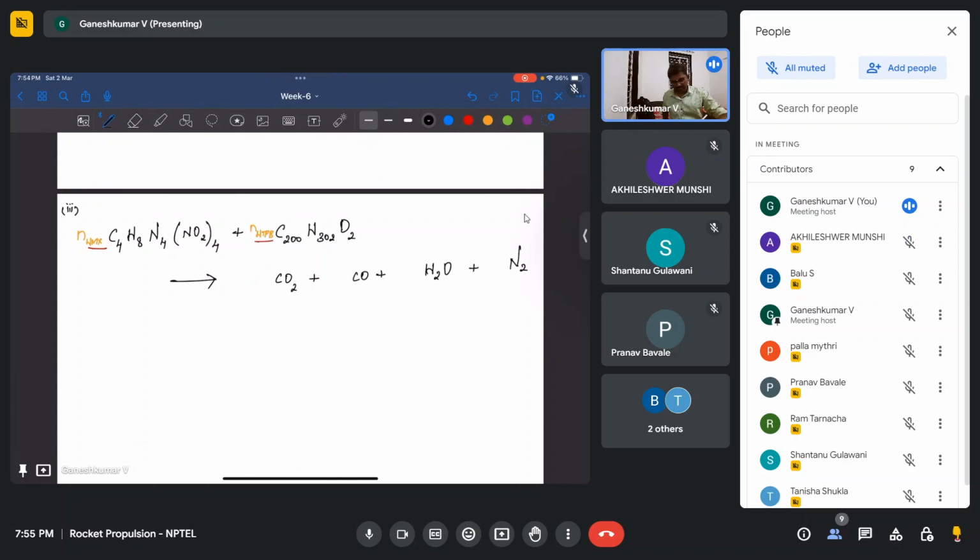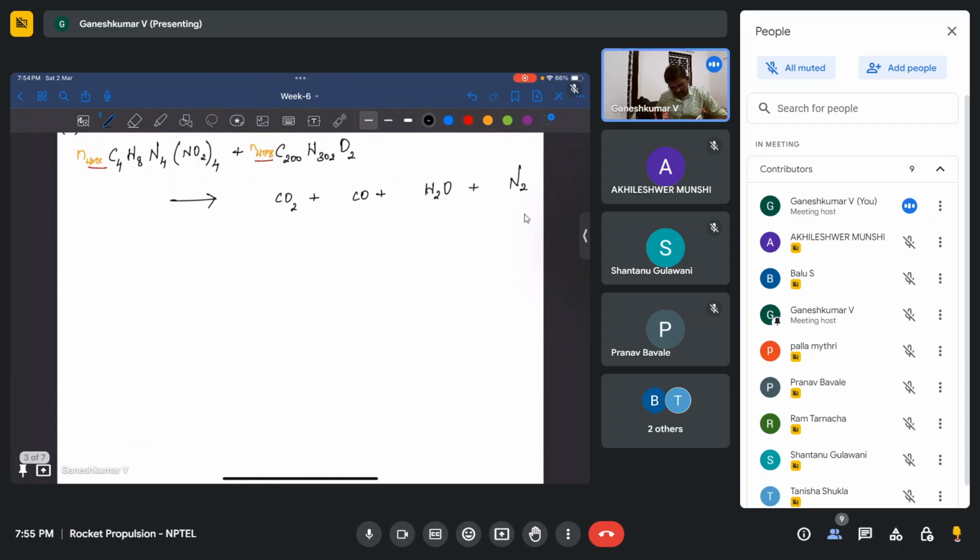In the ideal scenario, let me emphasize that, nothing of these things will happen. I will tell you what happens. You will have a product composition: CO, CO2. I guess I discussed this in the last class also.